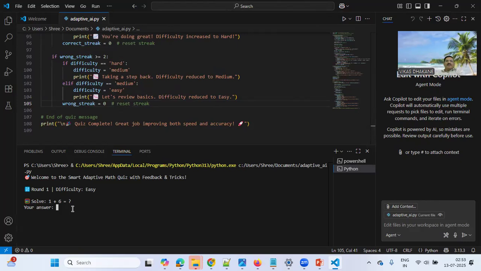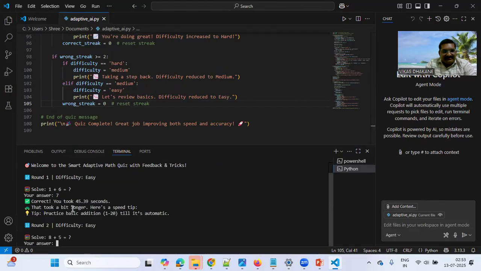Now see, 1 plus 6, 7. We'll give the first correct answer. Now you can see what is being written here. Correct, you took 45 seconds. That took longer. So it is saying that you have taken more time to answer this question.